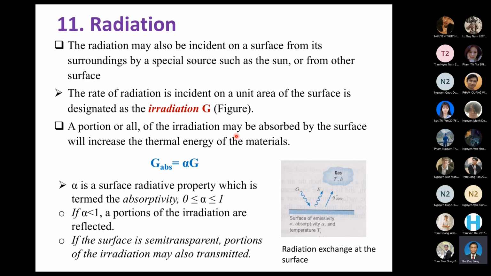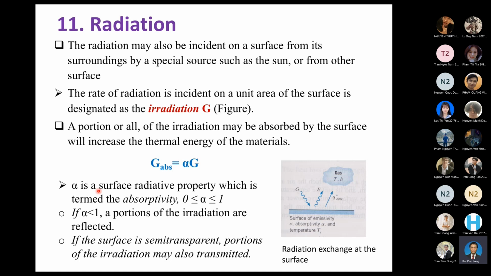The energy absorbed from the incident radiation by the surface will be G absorbed equals alpha G, where G is the irradiation, the energy of the incident radiation hitting the surface.